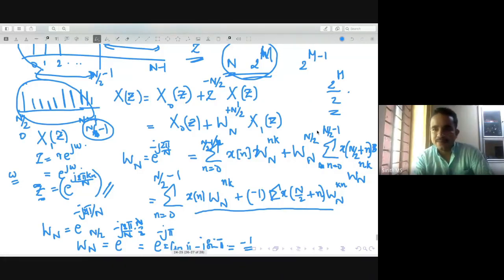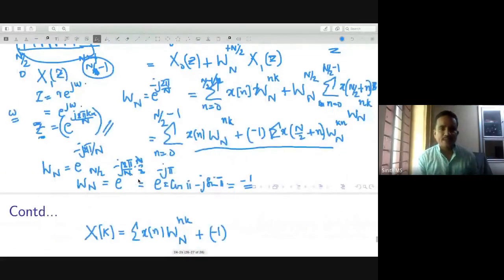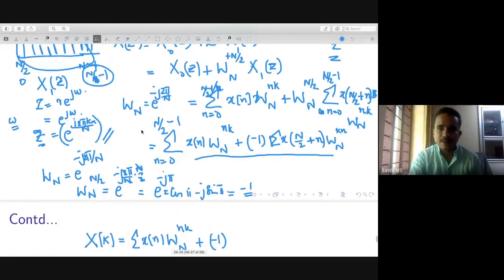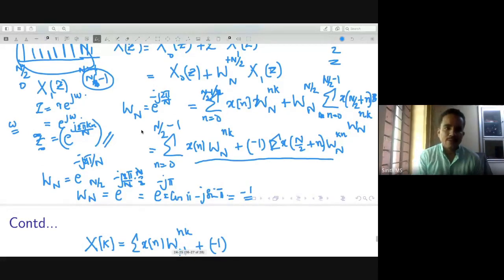Okay, so in that equation, you have a k z raised to minus n. You have a k term here, right? Wn is basically e raised to minus j 2 pi by n.